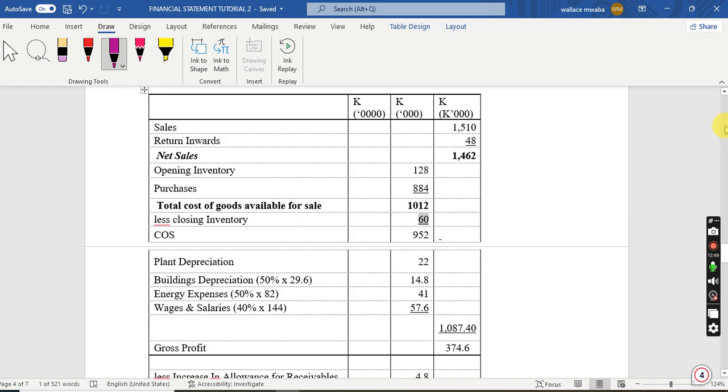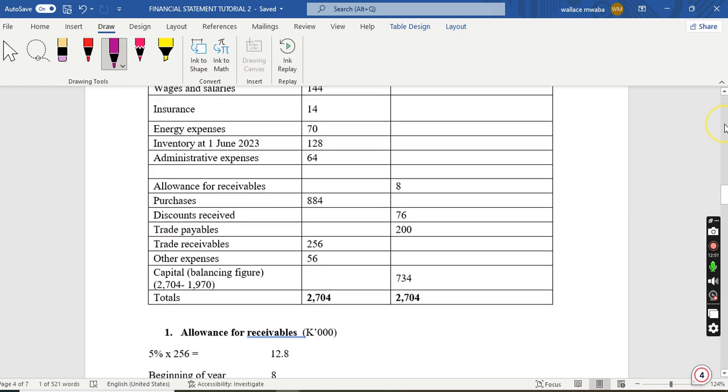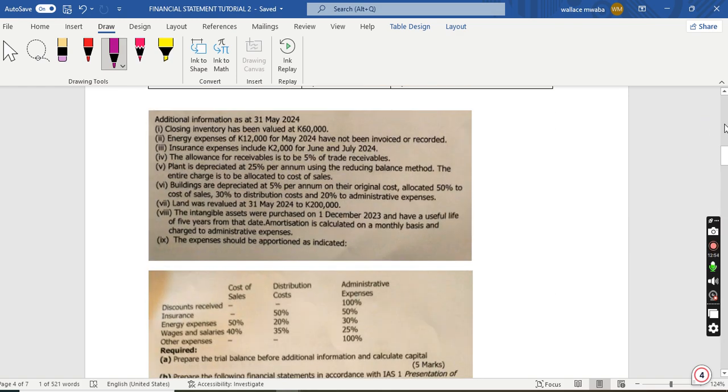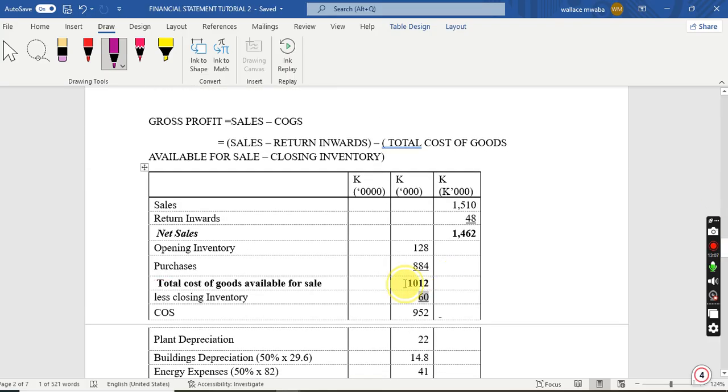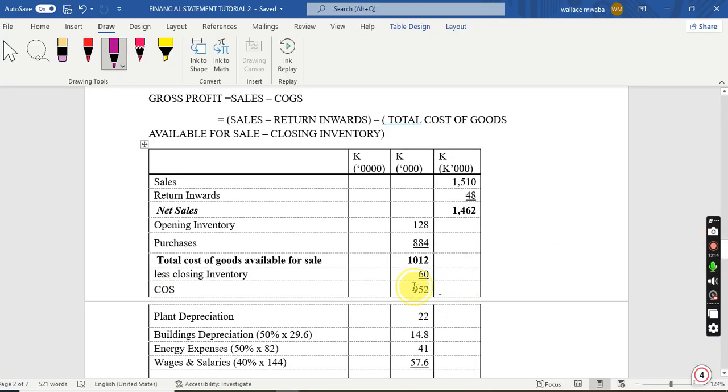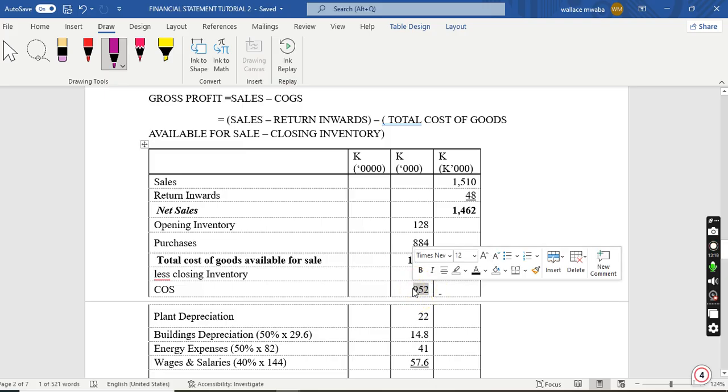This figure was given to us in the additional information. Closing inventory has been valued at 60,000. All right, so we subtract: 1012 minus 60, we get 952. This is the cost of the goods that were sold.